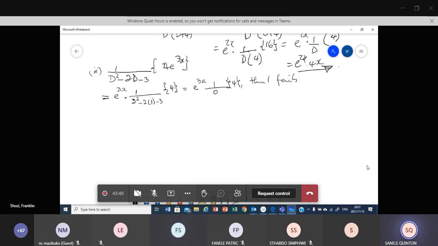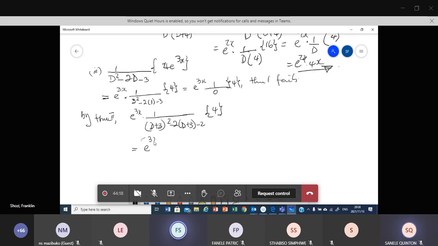We apply theorem 2. Therefore, by theorem 2, we have e to the power 3x times 1 all over, where there is d, it becomes d plus 3, all squared, minus 2 times d plus 3, minus 2. And then you're left with a 4 here.